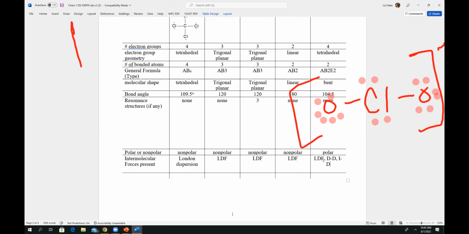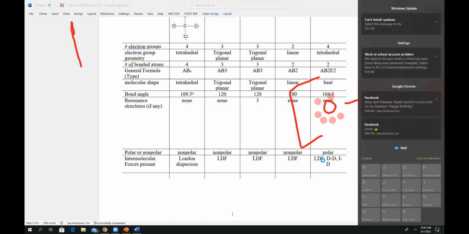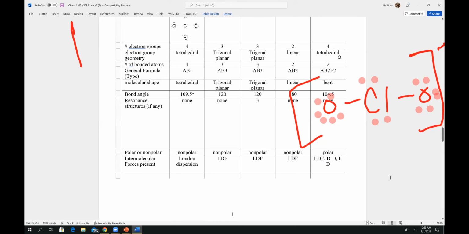Why do we have ion dipole? It is charged, right? If it's charged, it means we have ion dipole. And do we have hydrogen bonds? No, we don't. And that's it. That's what we know. Okay, let me put this one on the bottom. So there we go. So that's how we do the analysis of the whole thing.